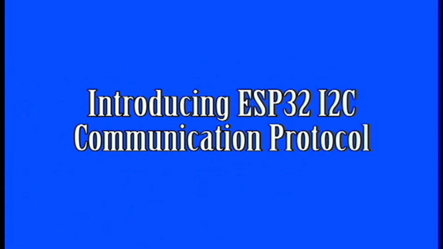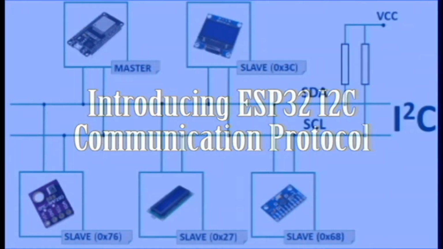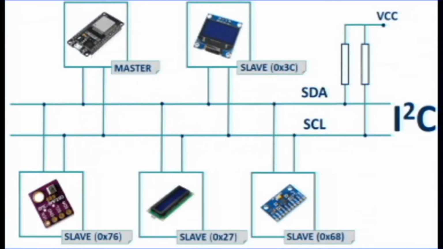Introducing ESP32 I2C Communication Protocol. I2C means inter-integrated circuit. It's pronounced I-squared-C, and it is a synchronous, multi-master, multi-slave communication protocol. You can connect multiple slaves to one master. For example, your ESP32 reads from a BME280 sensor using I2C, and writes the sensor readings in an I2C OLED display.